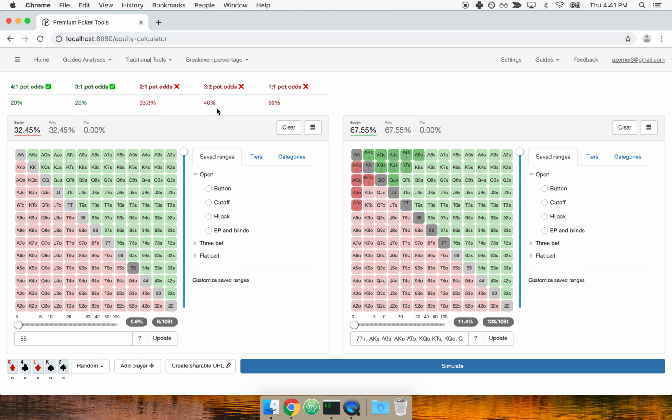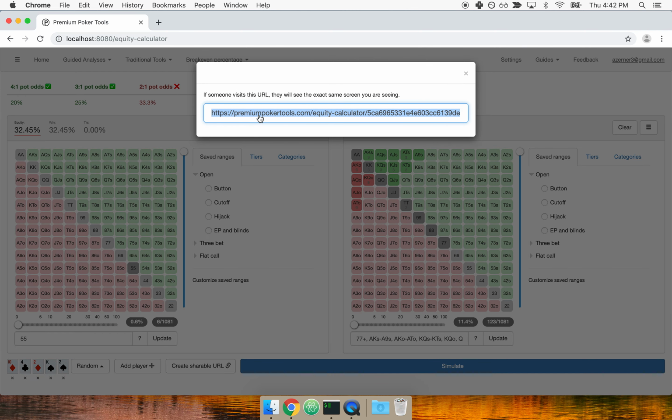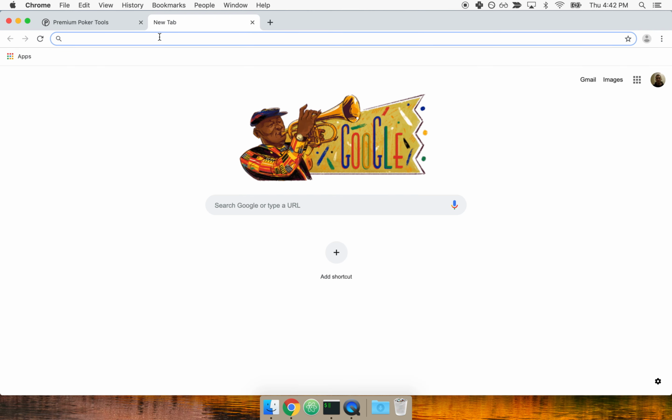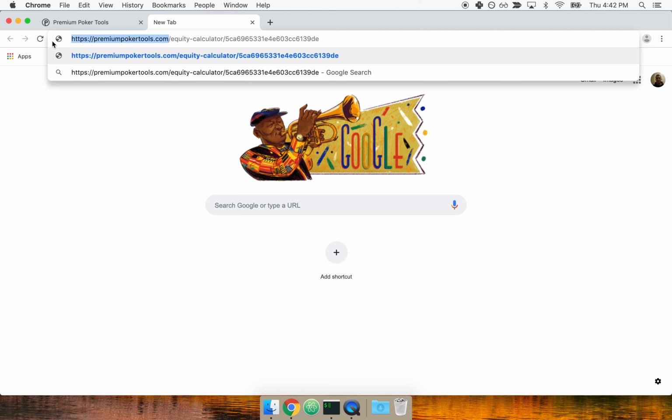One final thing is that you can create a link that you can send to a friend or post in a poker forum, and I'll show you what I mean. If you want to study this spot, like you have pocket fives and you think this is your opponent's range, you're not sure what to do, you can click this and take this URL and post it in the poker forum or send it to your friends.